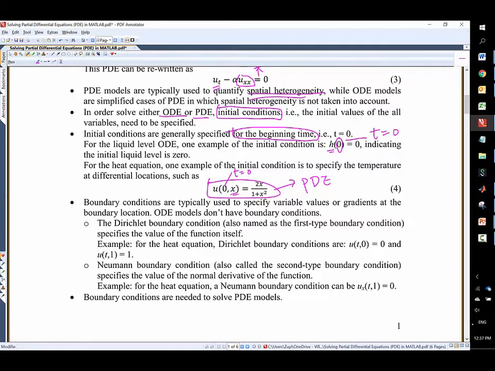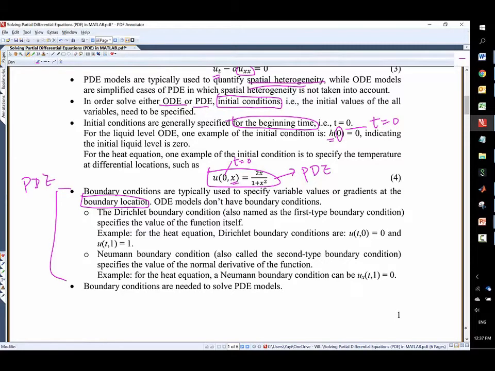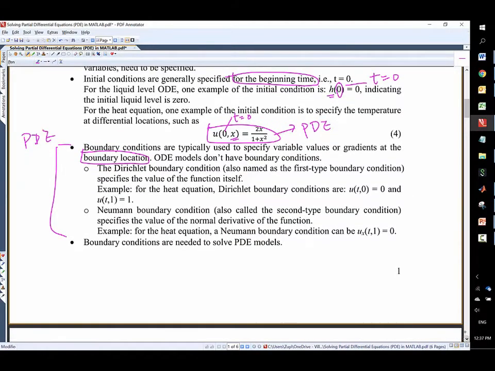Different from ODE, for the PDE we need to define the boundary condition. This is something we need to take care of specifically in PDE. There are two types of boundary conditions. The first one, typically we call the Dirichlet condition. Sometimes we call it the first type condition. Here's one example.